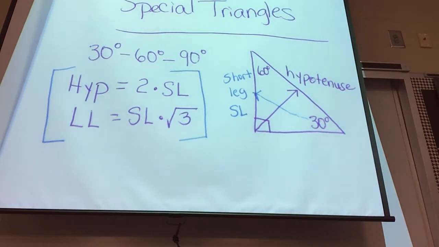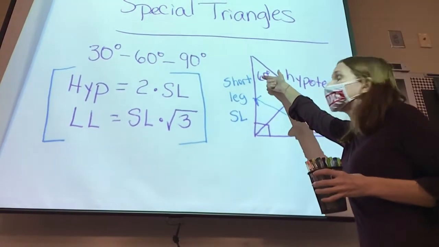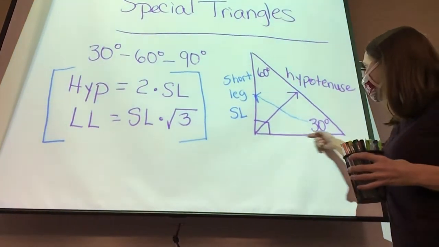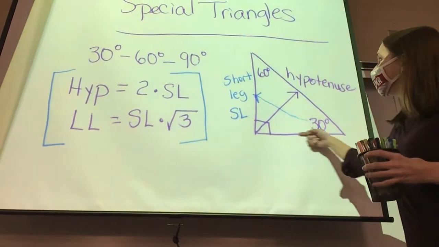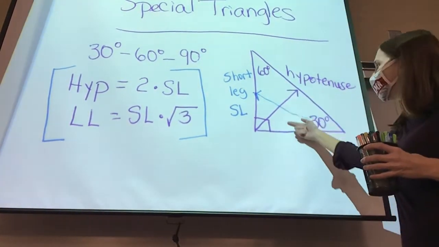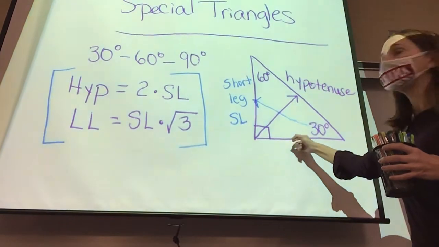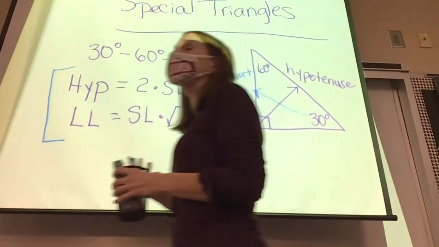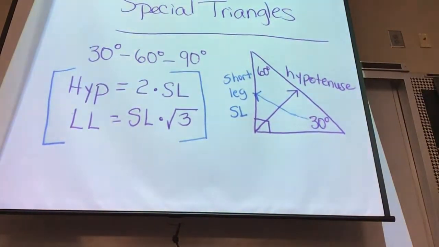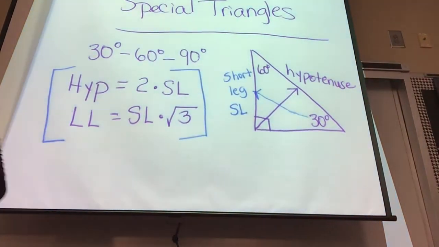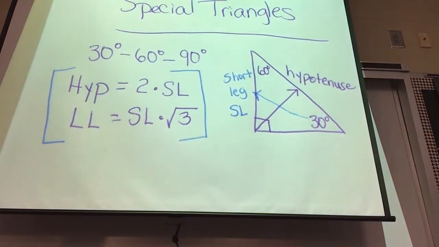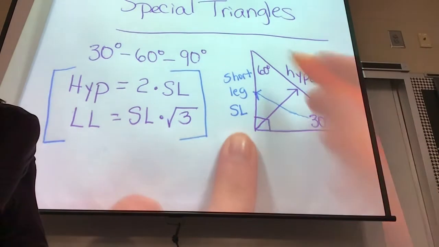So now I'm going to draw a line from the 60 down here to this side, because the 60 degree is going to correspond down here, and they're going to call that one the long leg, the LL.